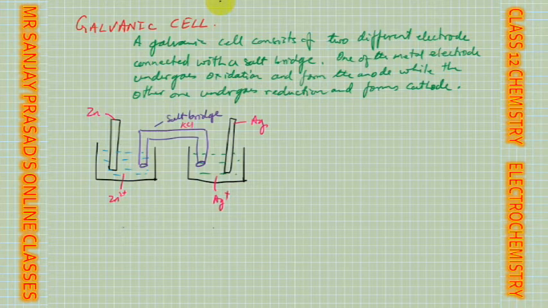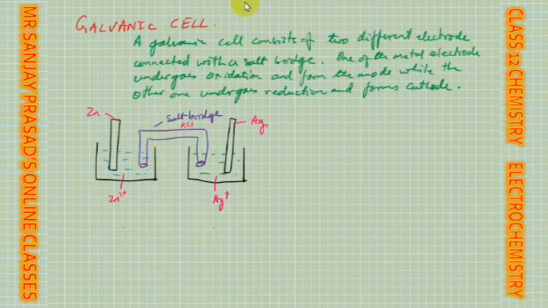That means if one undergoes oxidation, the other one will undergo reduction. So how will you know which will be oxidized and which will be reduced? Out of the two, which of them will undergo oxidation and which of them will undergo reduction?